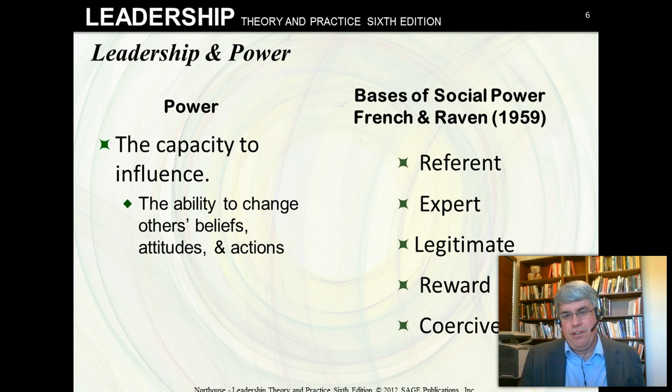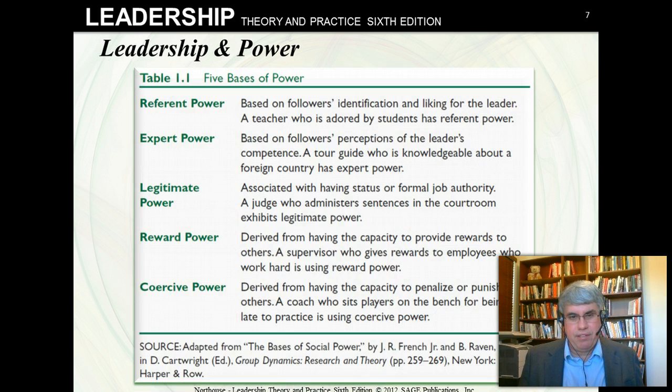Now, these words are not super intuitive: referent power, expert power, legitimate power, reward power, and coercive power. But let's look at them so that we can see what's going on here.